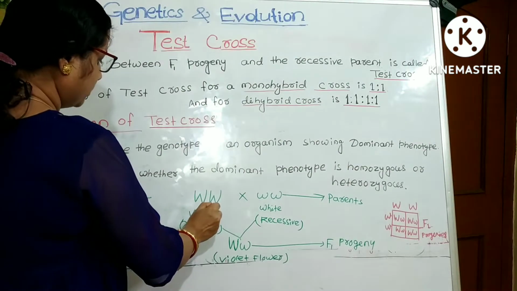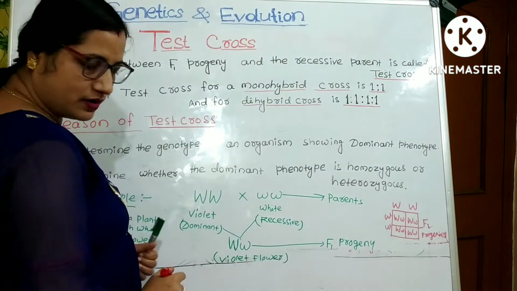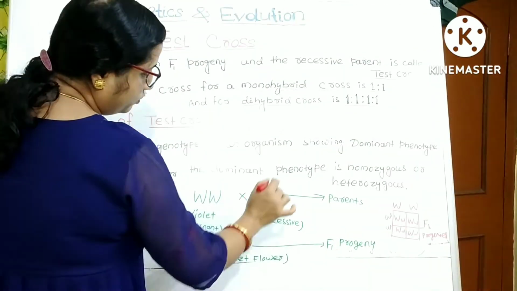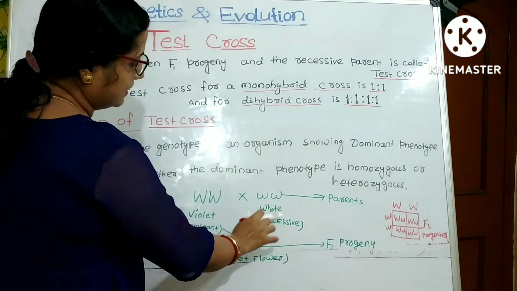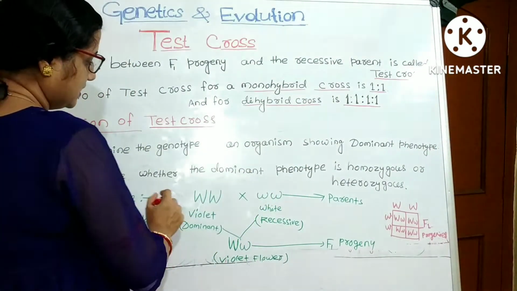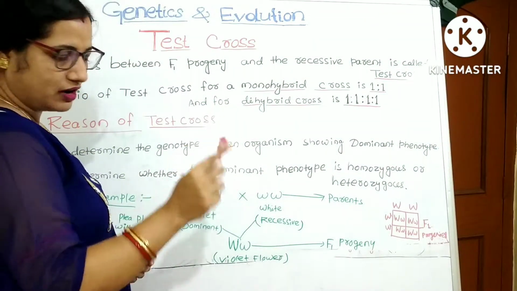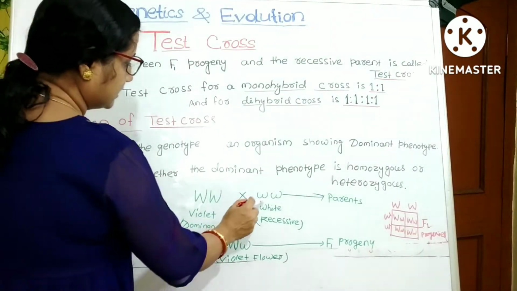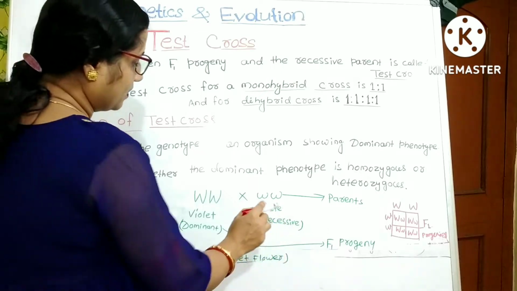Capital W stands for pure violet, the genotype of pure violet, which is dominant, and small w is the genotype of white, which is recessive.